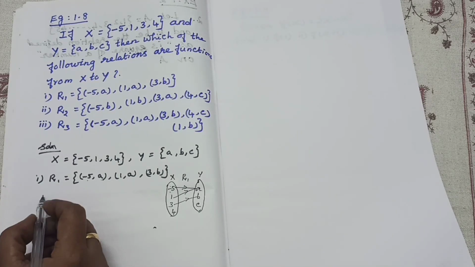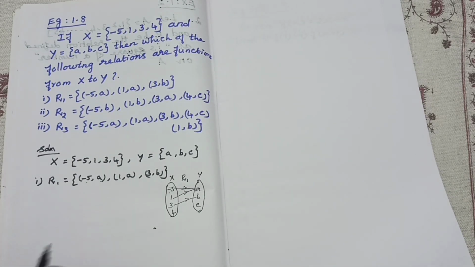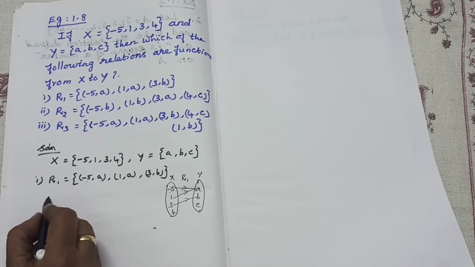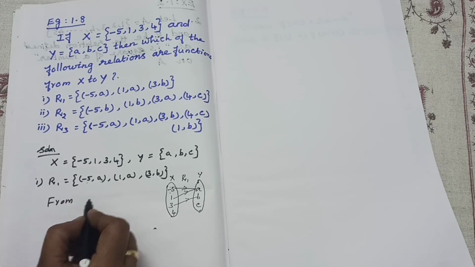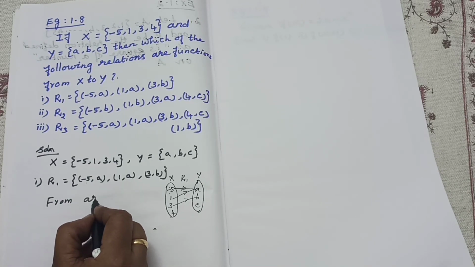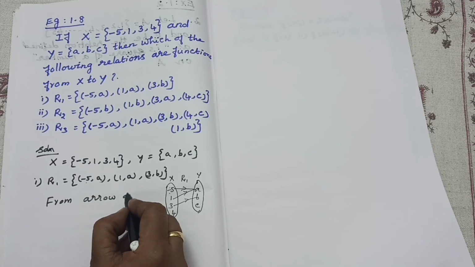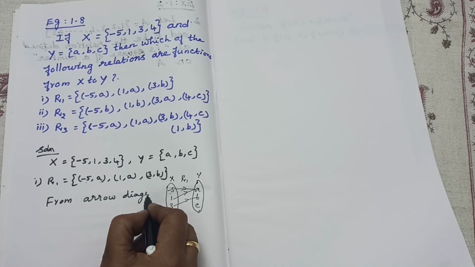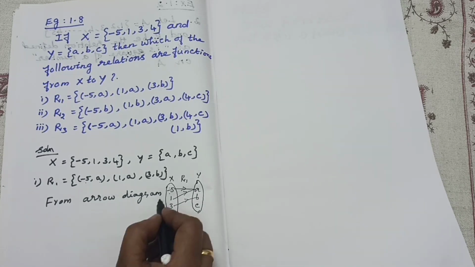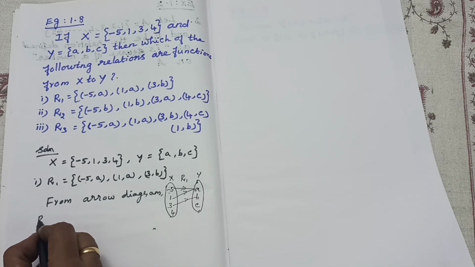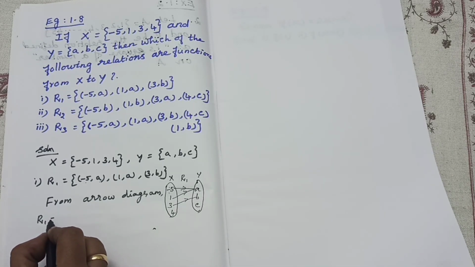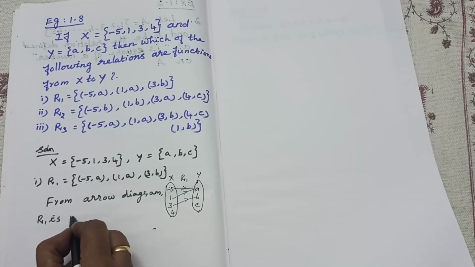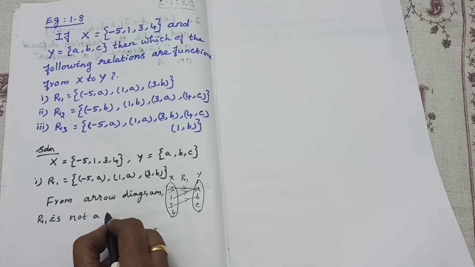From the arrow diagram, we have to write from the arrow diagram, R1 is not a function.